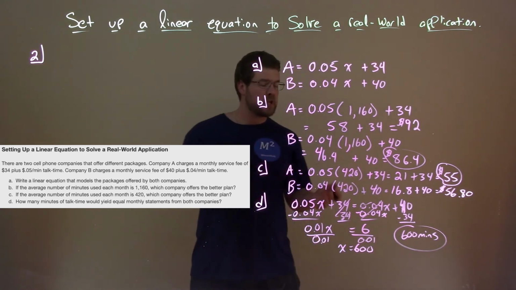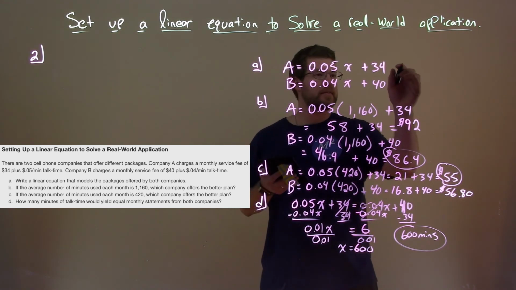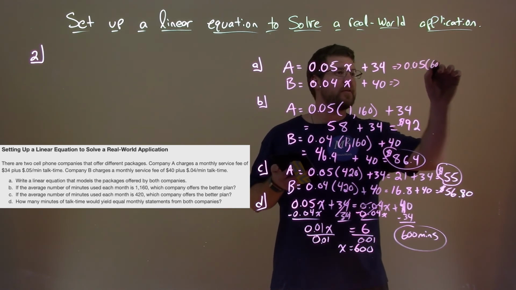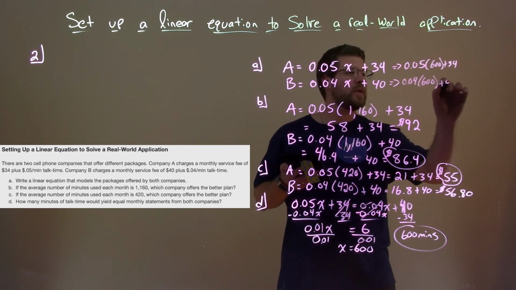Now we can check that and plug that back into each one of our equations. Basically 0.05 times 600 plus 34, and 0.04 times 600 plus 40.